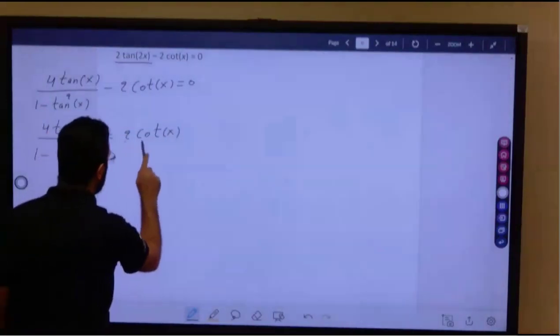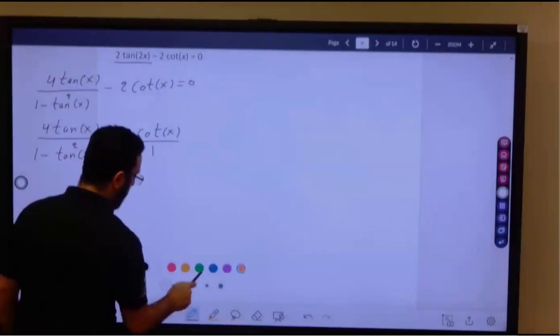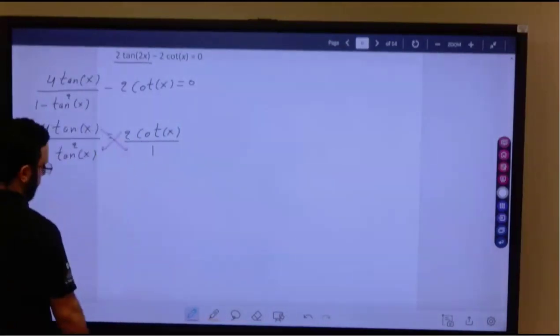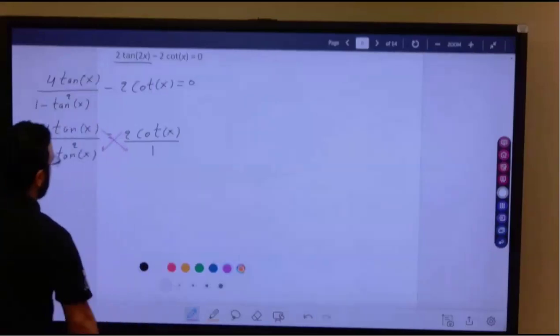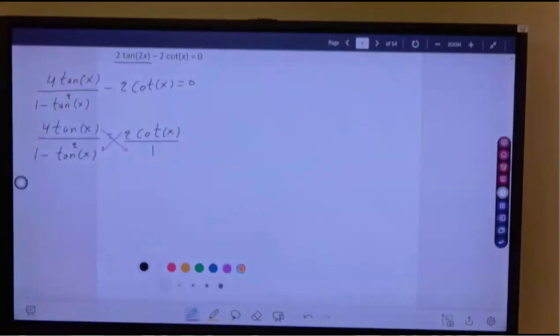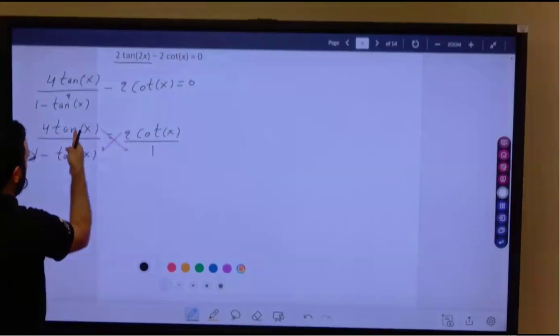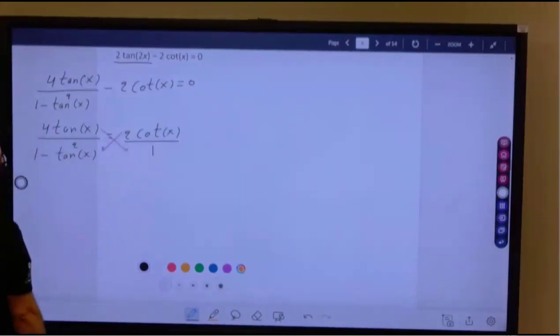If I consider this is over 1, I can do the cross product. This one times this one. So by doing the cross product to get rid of the fraction, you can multiply the whole thing here by 1 minus tangent squared x, or you can just do the cross multiplication. Both are going to be the same result.